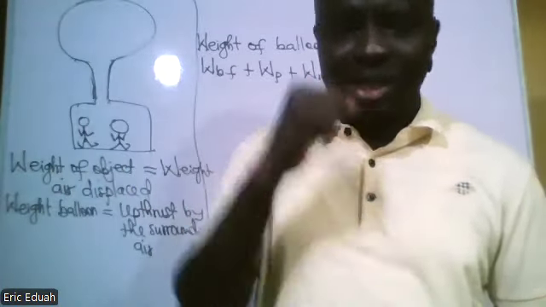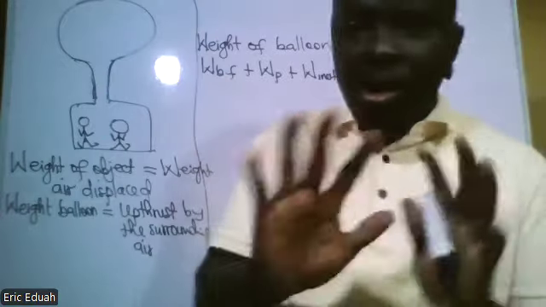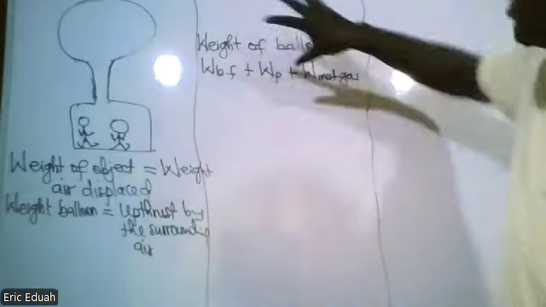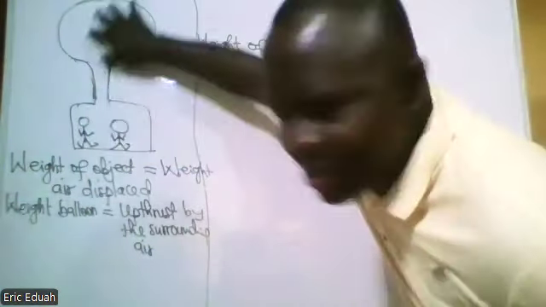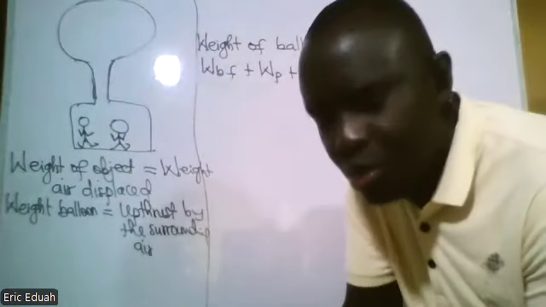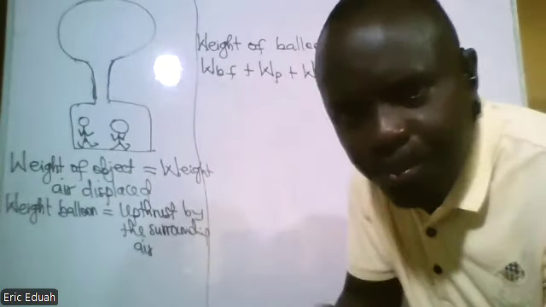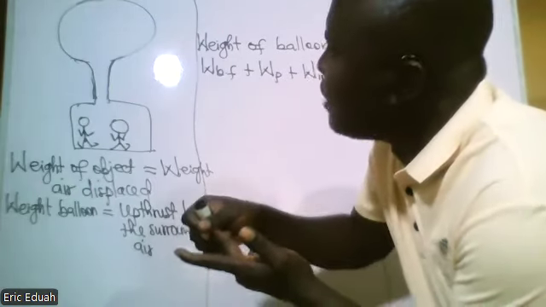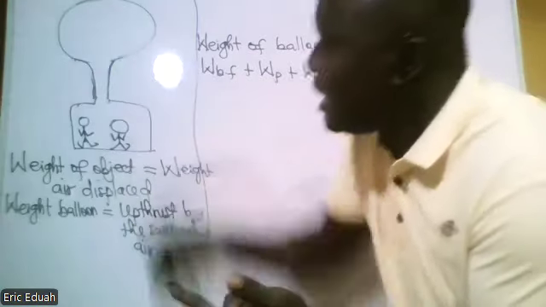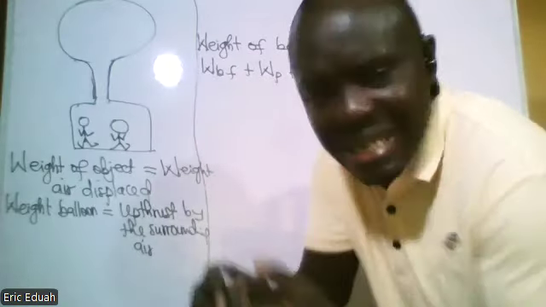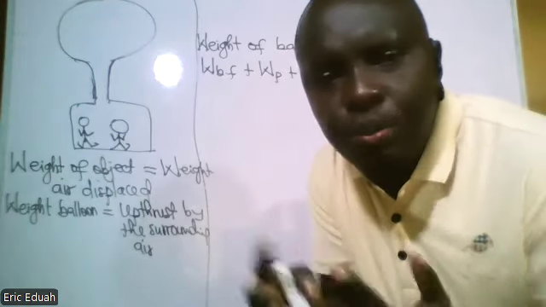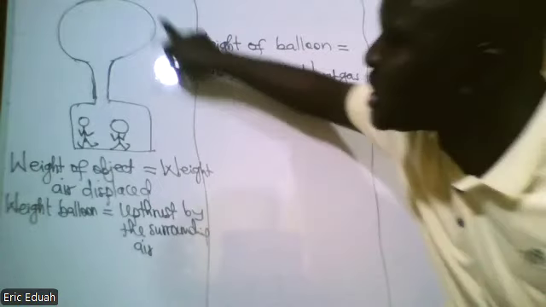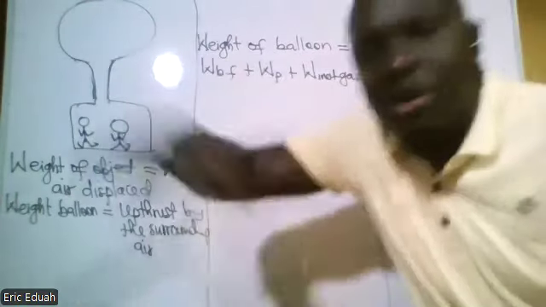Now, before it is launched, they want the total weight of everything within the balloon, including the people on board, the gas, and the balloon fabric, to be less than the upthrust supplied by the surrounding air.